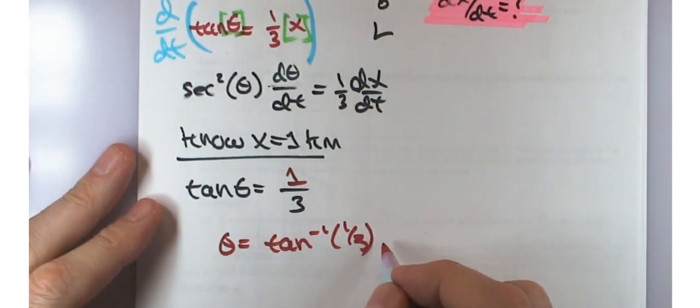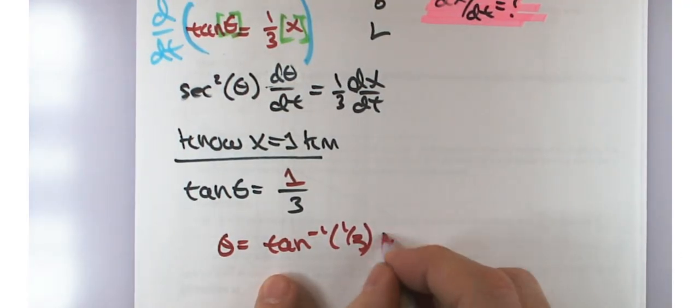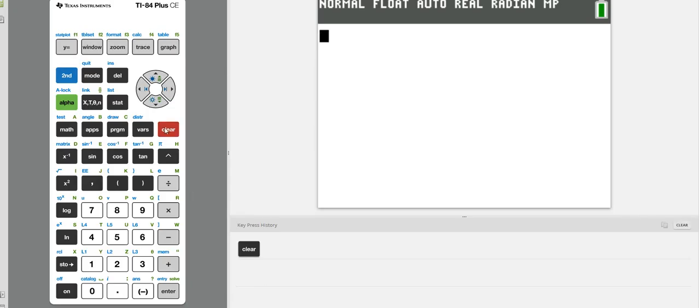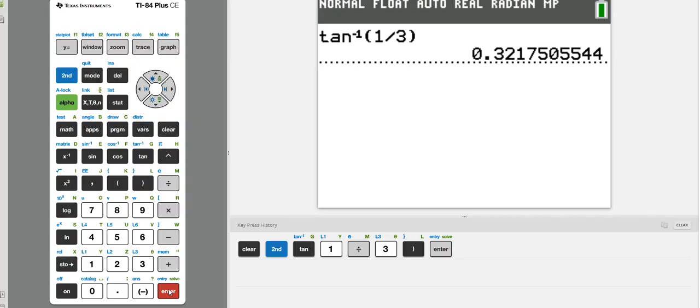That's going to give us our theta. Probably going to want a decimal value from our calculator. Make sure your calculator is set in radian mode. It should be set in radian mode pretty much for the entire class. So approximately 0.3218, rounding to the 10,000th place. Should be close enough.